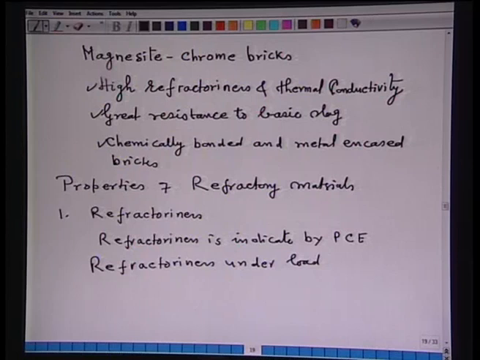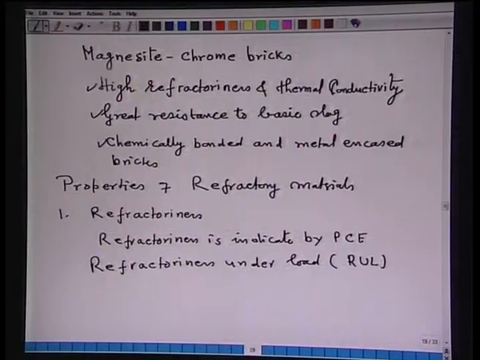That is, you take a refractory and you load with some external load and then find out pyrometric cone equivalent. So, in short, this is also called RUL, that is refractoriness under load.